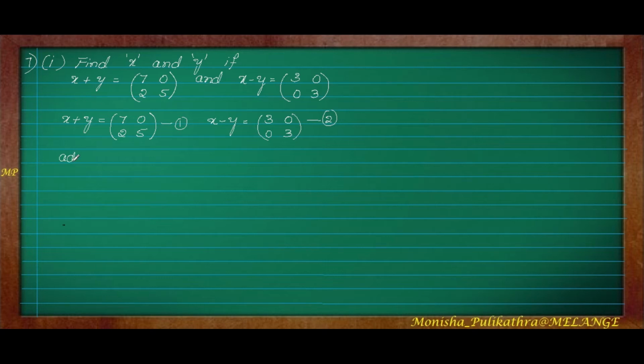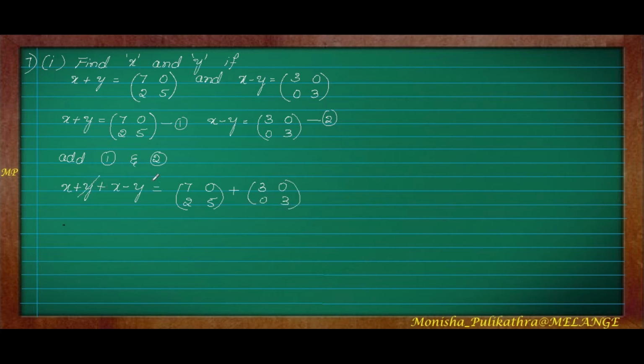So first let us add equations 1 and 2. The LHS will be added to the LHS of the second equation, so x plus y plus x minus y is equal to the RHS added to the RHS of the second equation. That is 7, 0, 2, 5, the first matrix, plus 3, 0, 0, 3.